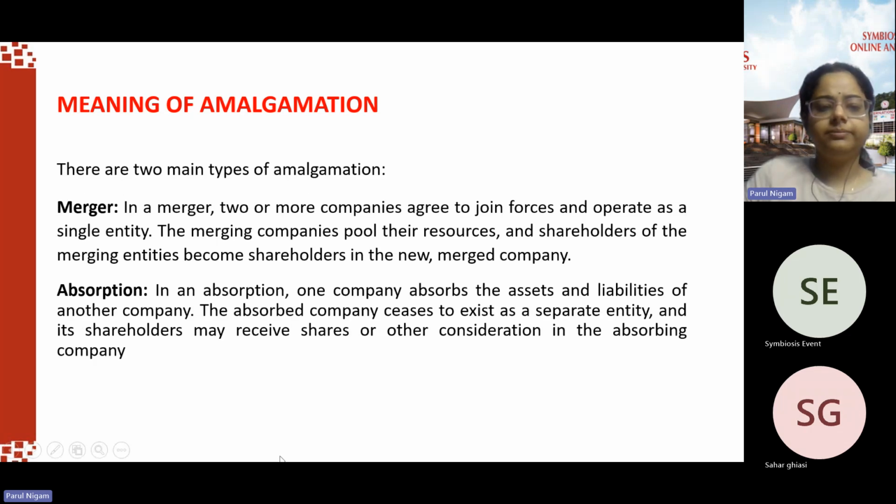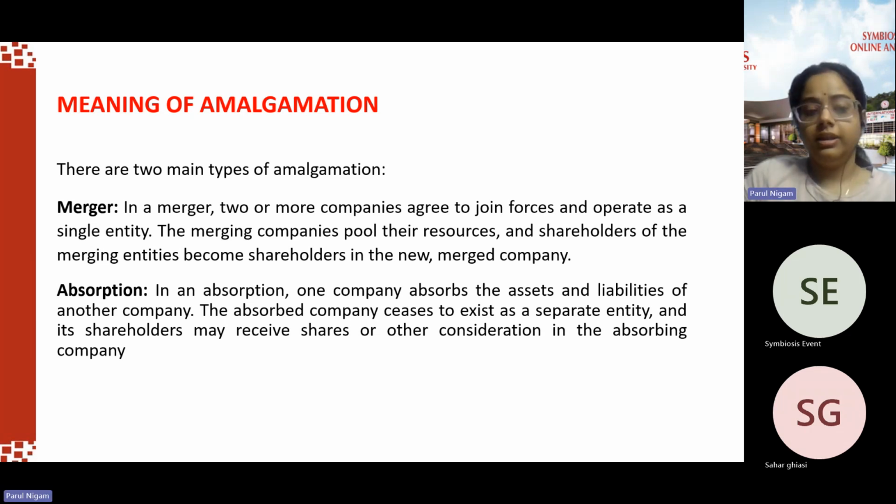Now, there are two main types of amalgamation: merger and absorption. In a merger, two or more companies agree to join forces and operate as a single entity. The merging companies pool the resources, and the shareholders of the merging entities become shareholders in the new merged company. That means if A and B merge together, it will be AB.